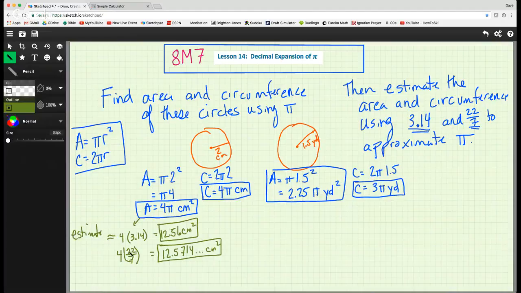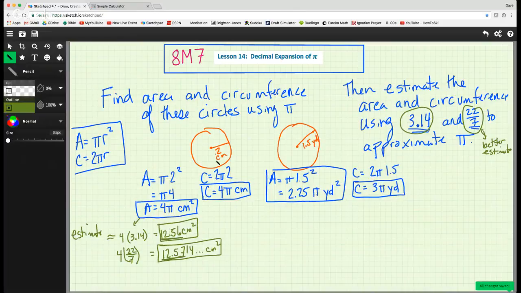So 22/7 is a little closer to pi than 3.14. Usually, if you can use this one, it's a better estimate. But 3.14 is usually good enough, right? 12.56 square centimeters is pretty close to 12.57 centimeters squared, which again, they're both just estimates, but they're pretty close to each other.